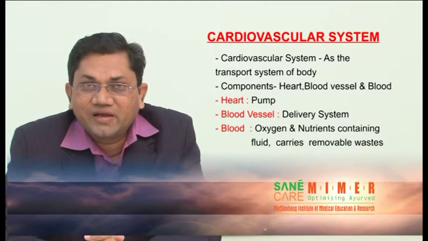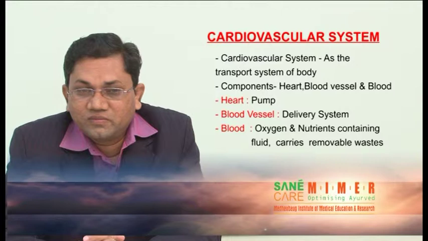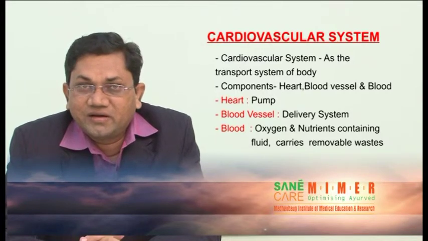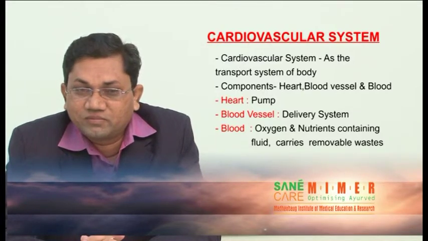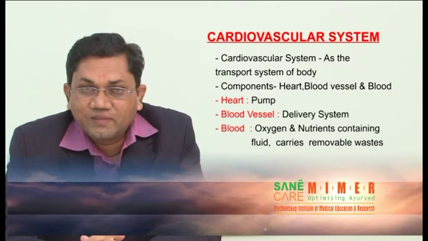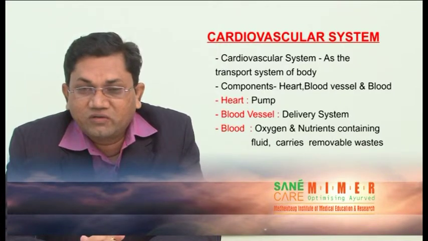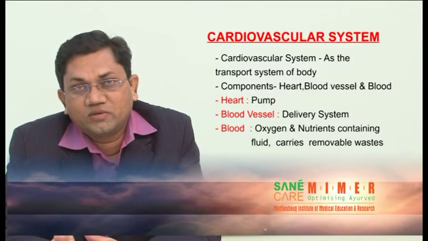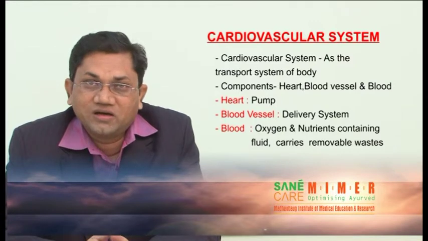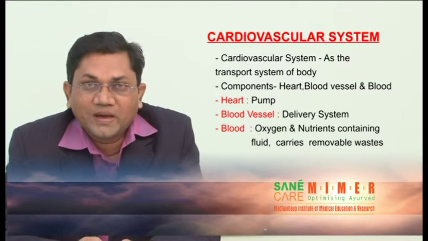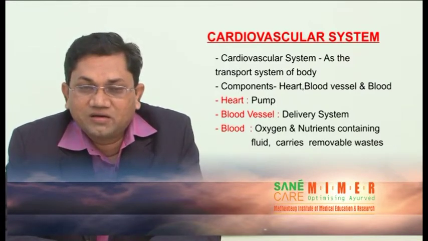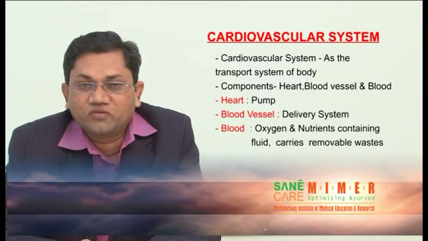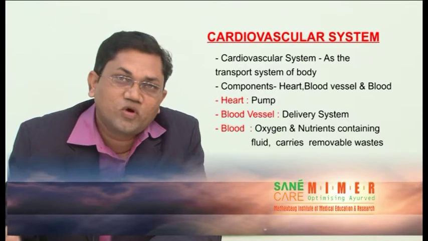The heart acts as a pump, the blood vessels act as a delivery system, and the blood itself acts as an oxygen and nutrient containing fluid, carrying them and removing waste from the periphery towards the heart. Compiling these three, the heart, blood vessels and blood, forms the cardiovascular system as a transport system of the body.